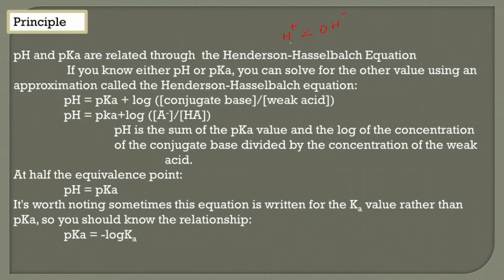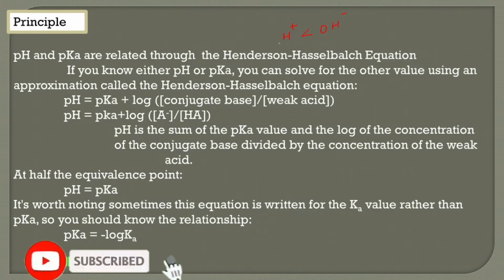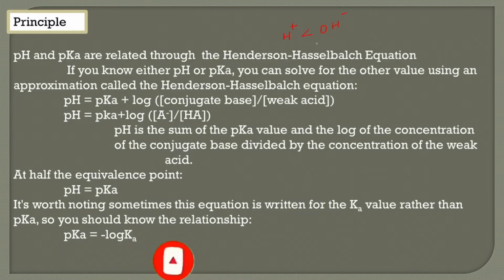That means its acidity gets reduced. Clear? Okay. That is the end point. That is why at the end point the solution changes its color. That change in color is a pale pink color. That is the end point.